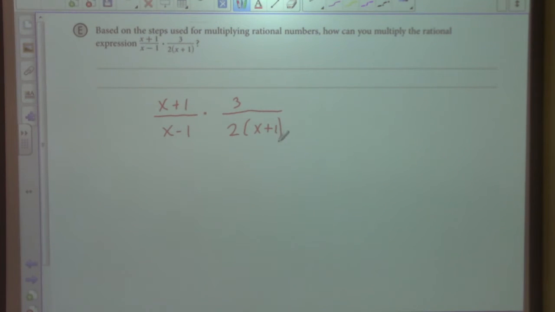How do we multiply these together? Could you cancel out x plus 1? You could. Yeah, Ben says, can you cancel out x plus 1? You could.